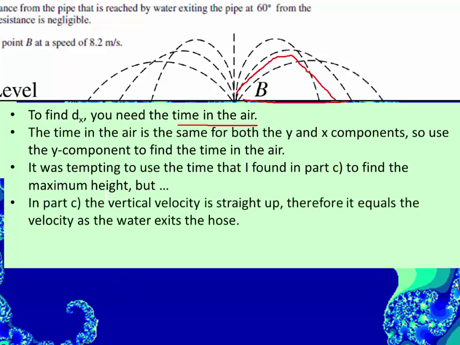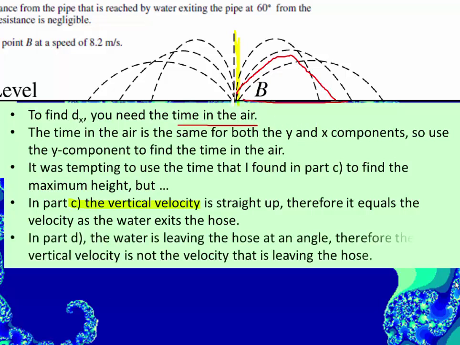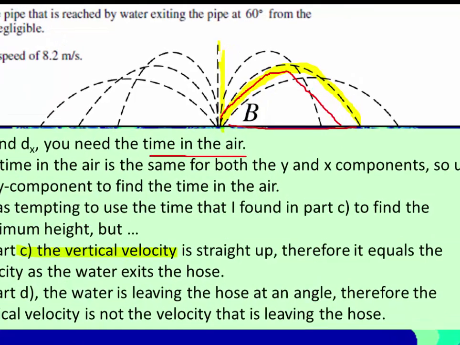The difficulty is that in Part C, the vertical velocity is straight up, and it equals the velocity as the water is exiting the hose. But in Part D, the water's going out at 60 degrees, so the vertical velocity is not the velocity that's leaving the hose.